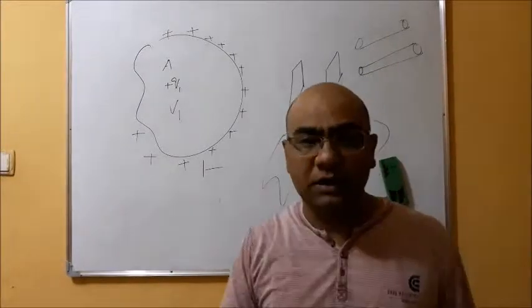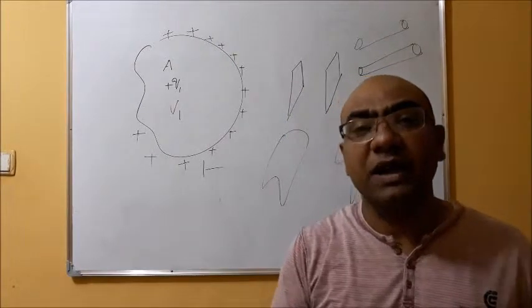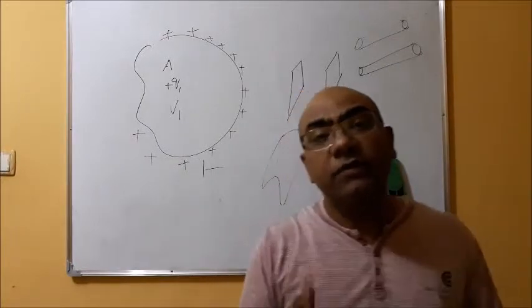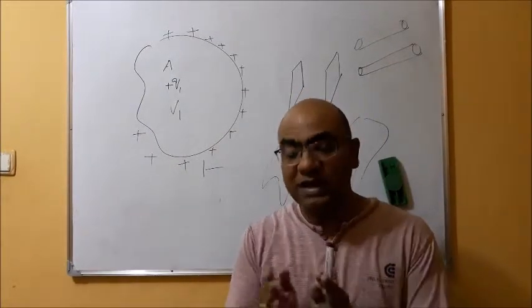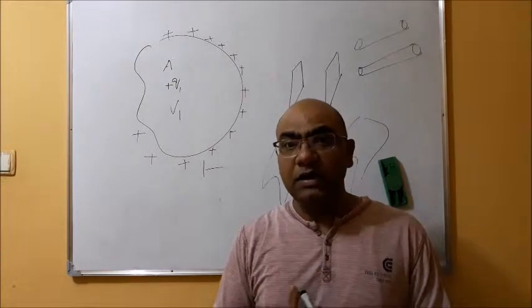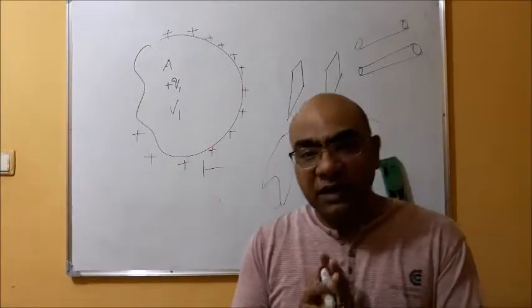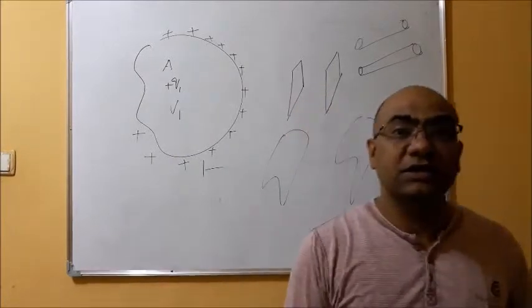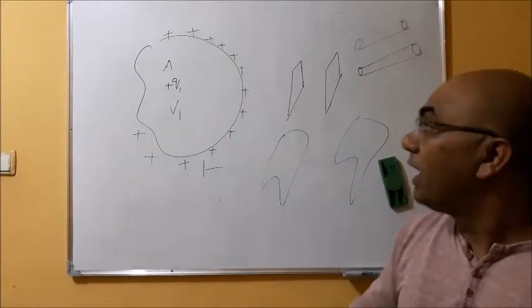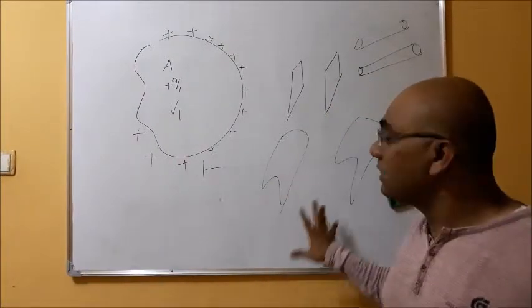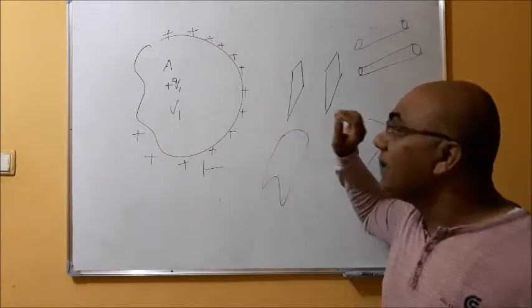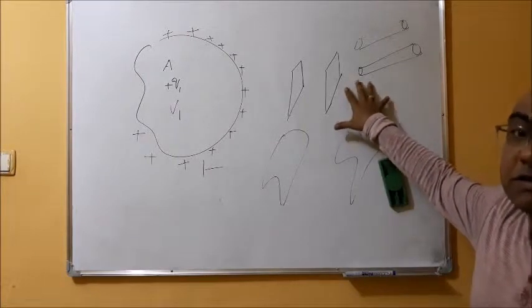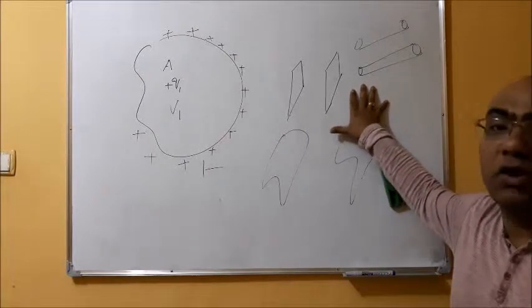So any two conductors, irrespective of their shape and dimension, if they carry equal and opposite charge and are separated from each other, have energy stored in them, and this energy is called electrostatic energy, and such an arrangement is called a capacitor. This device's value, which we will see later, is called capacitance.